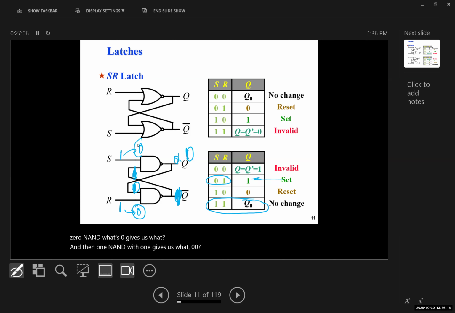Now let's change S to 0. So 0 NAND with 0 and with 1 gives us 1. 1 NAND with 0 gives us 1. And then 1 NAND with 0 gives us 1. Now both Q and Q prime are 1, 1, which is invalid because they can't be the same.